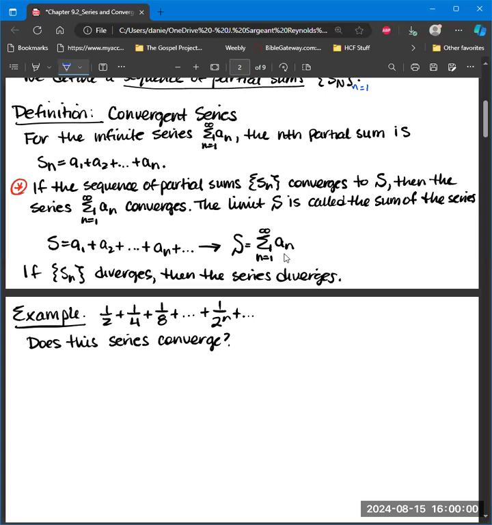And big idea here, red star right there: if the sequence of partial sums, S sub n, converges to S when I take that limit as n goes to infinity, then the series of a sub n from n equals 1 to infinity also converges. The limit S here is called the sum of the series.